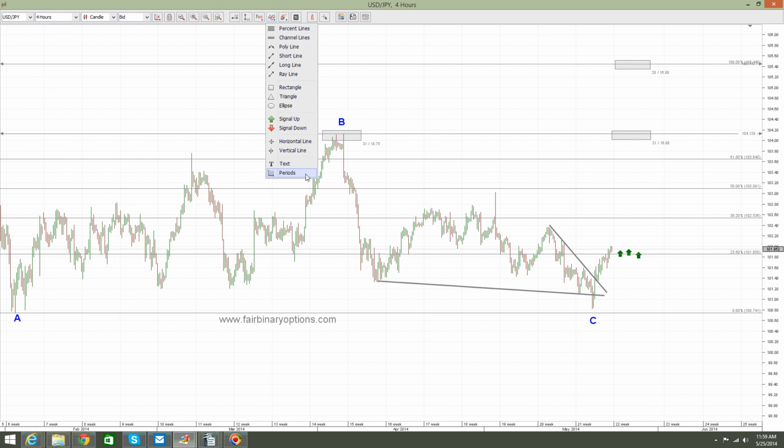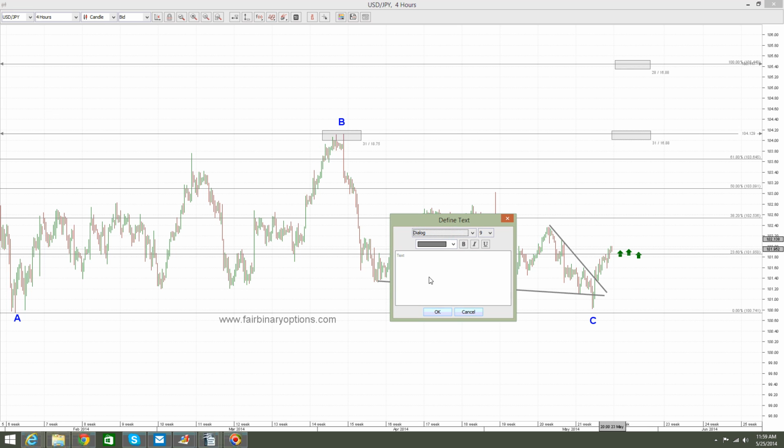So let's write on the screen here that buying call options with end of week expiration date by the time markets are opening on Monday.